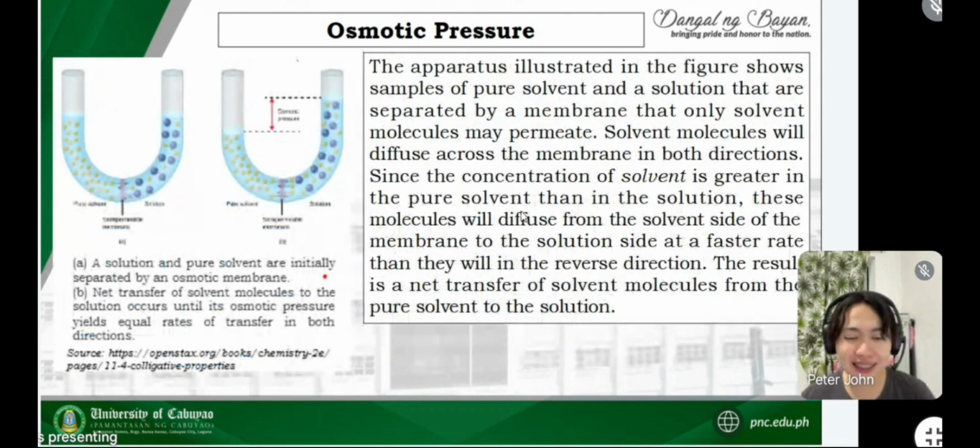As you can see, in a two picture, so for a solution and the pure solvents are initially separated by osmotic membrane. So as you can see, pure solvent siya or pure na tubig. Sa kabila naman is a pure solution. But in the second picture, a second part, a net transfer of solvent molecule to the solution occurs until its osmotic pressure yields equal rate of transfer in both direction.